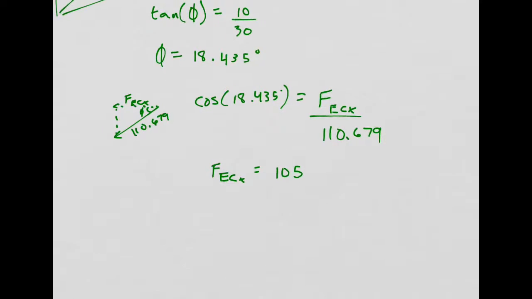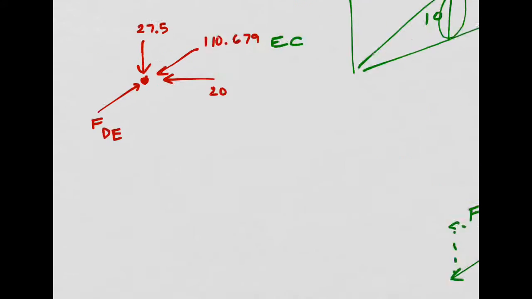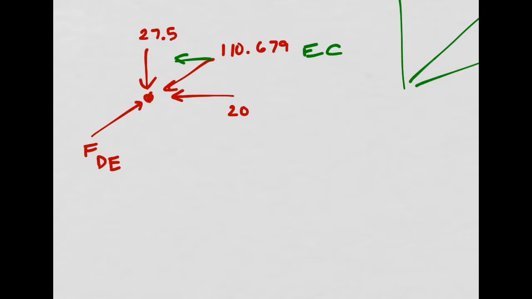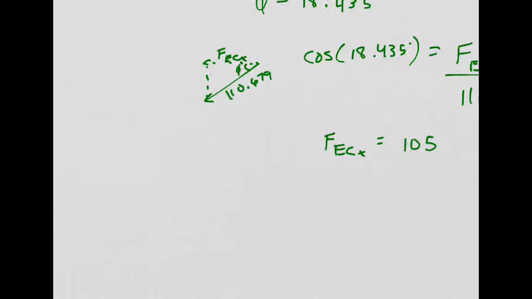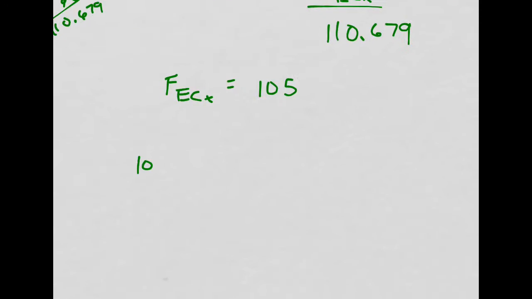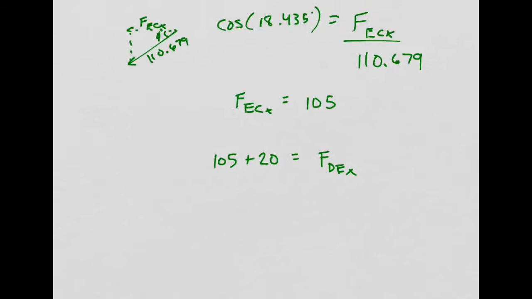So I have that as 105, and I know that the x component here and the 20 here have to add up to be the same as FDE in the x direction. So what I'm going to do is take the 105 plus the 20, and that must equal FDEX.